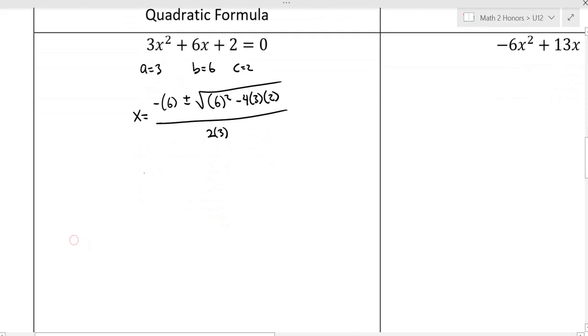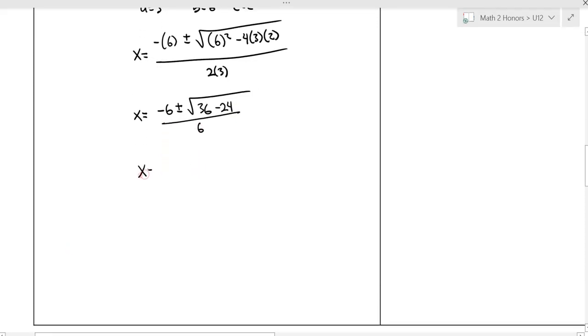And then just simplify that. Six squared is 36. Negative 4 times 3 times 2 is going to be negative 24, all over 6. And 36 minus 24 is 12.